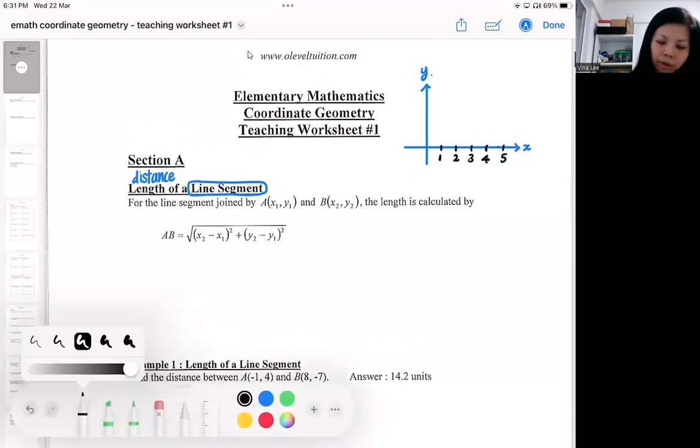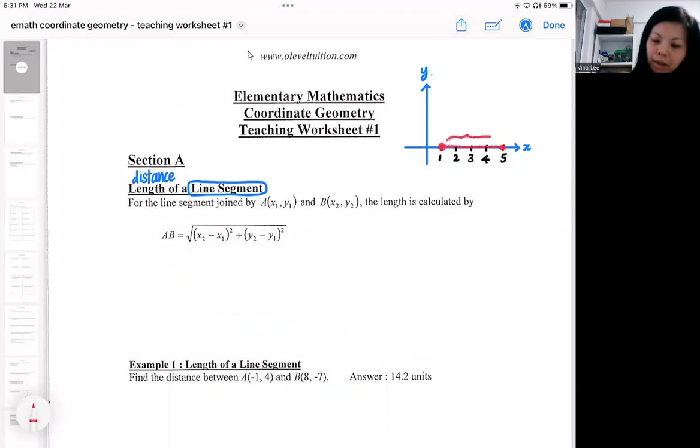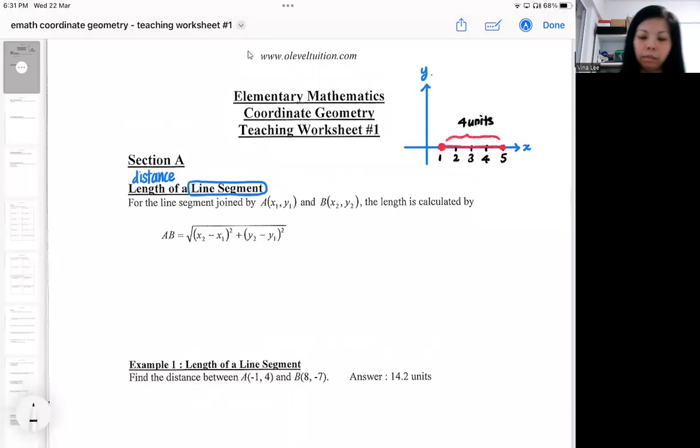If I talk about this line segment, this is a horizontal line. If the line is on the x-axis, if the line is horizontal, it's actually very easy to tell the length. If you look at the x coordinate, do you realize that this is 4 units long? 5 minus 1, you can tell that it's 4 units long. So for a horizontal line, it's quite easy to tell.